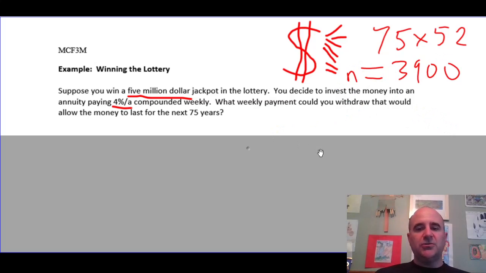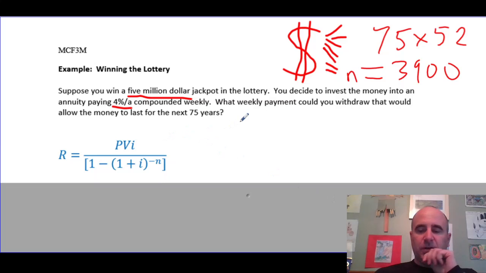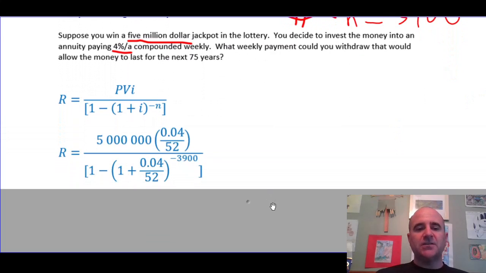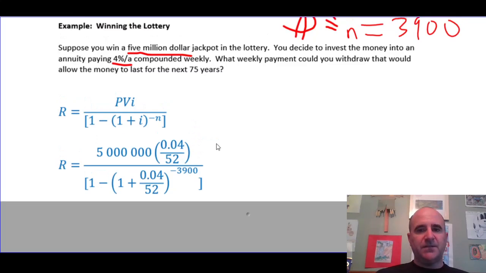So we can use, again, this formula to figure out what is the most each withdrawal could be. Okay, what is the amount that you withdraw 3,900 times that would use all the $5 million up? So our present value is $5 million. Our interest rate is 4% divided by 52 because it's a weekly interest rate we want.